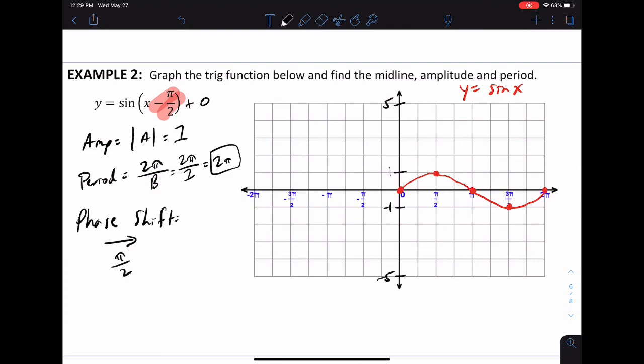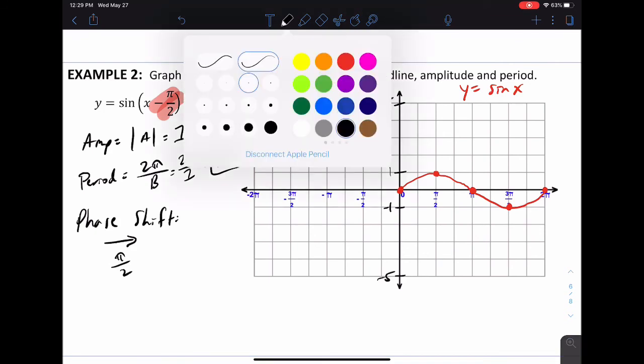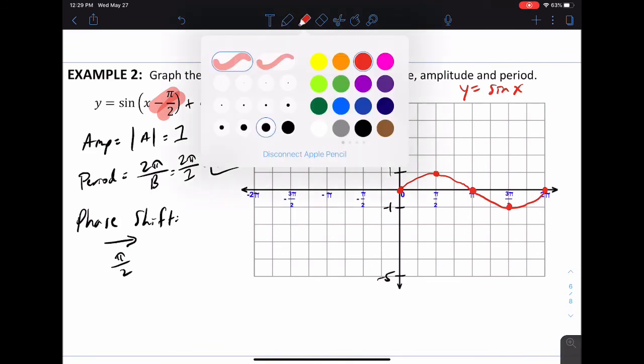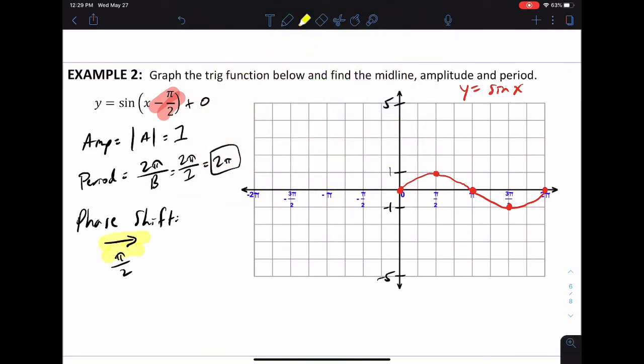pi over 2 units. So the only difference between our new graph and the graph that I already have for sine of x is that every dot you see will be shifted to the right pi over 2 units. Okay? So 0, 0 will not be there anymore.